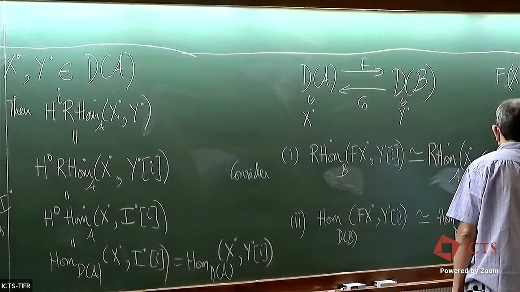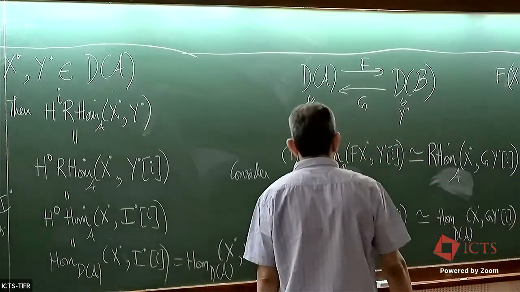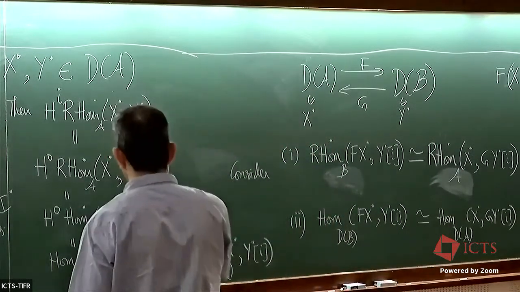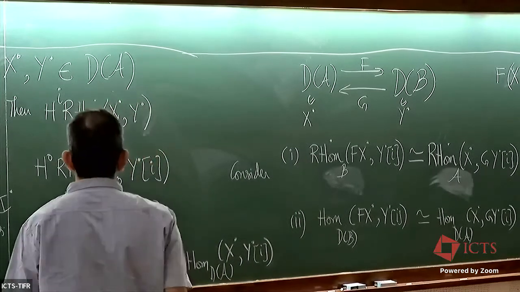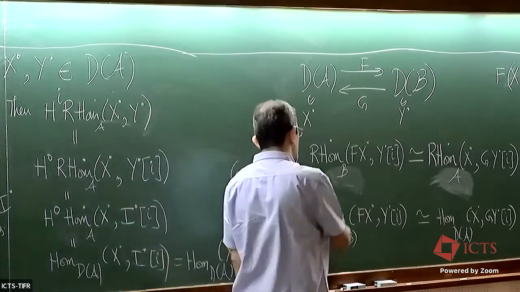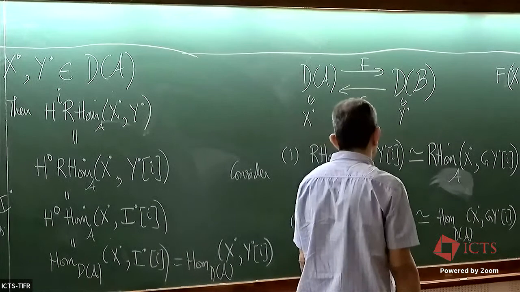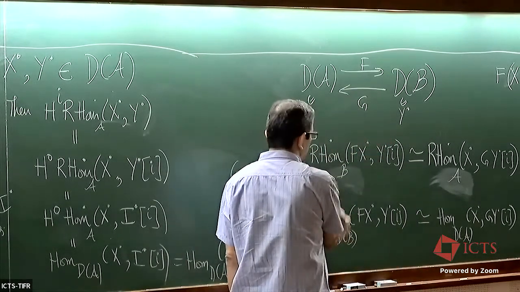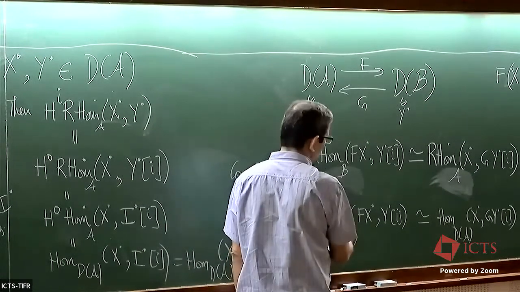This is just a small technical point, but I just want to say that of course statement 1 will imply statement 2 by whatever I have written here, because from this you can recover this. So statement 1 implies statement 2, and we quite often flip back and forth between them, but that is not to say that statement 2 implies statement 1.